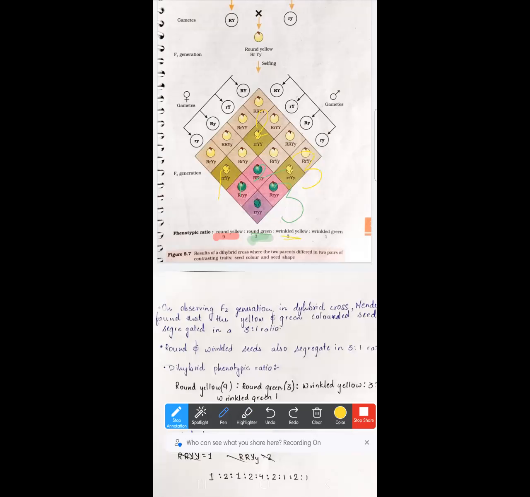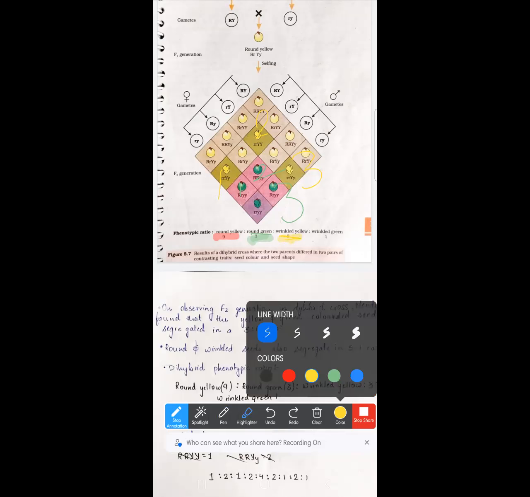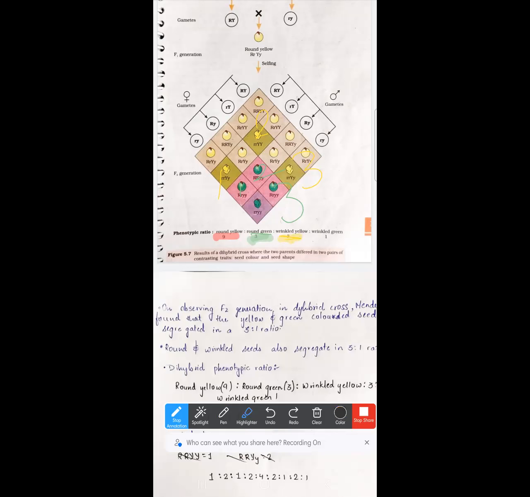So the ratio will be 3. And in case of wrinkled green, it will be 1. So the ratio will be 1. Therefore, the phenotypic ratio is 9:3:3:1.